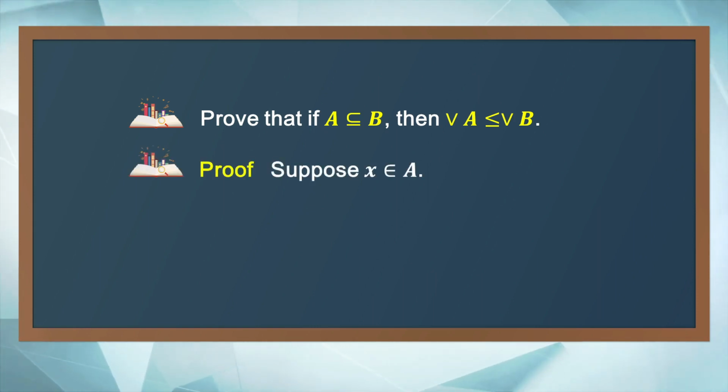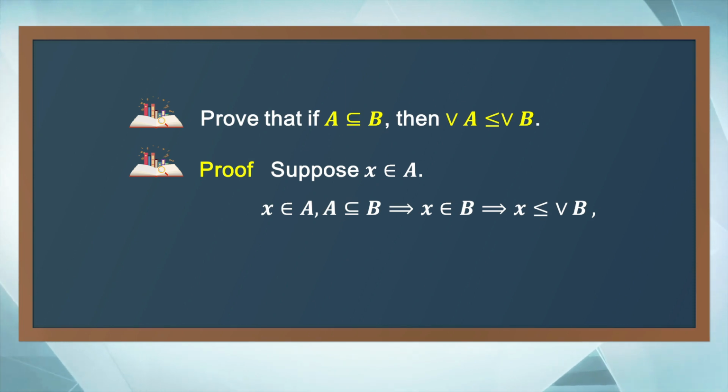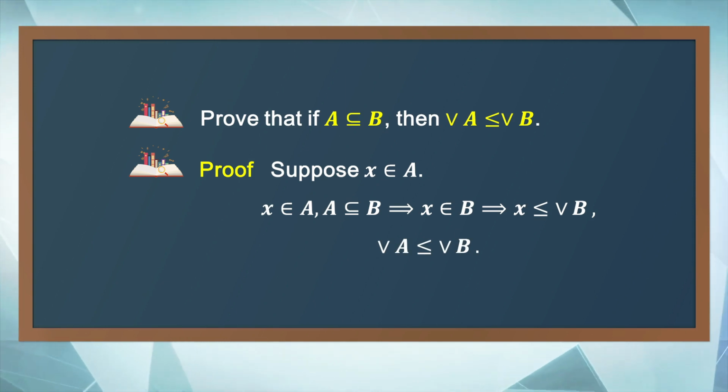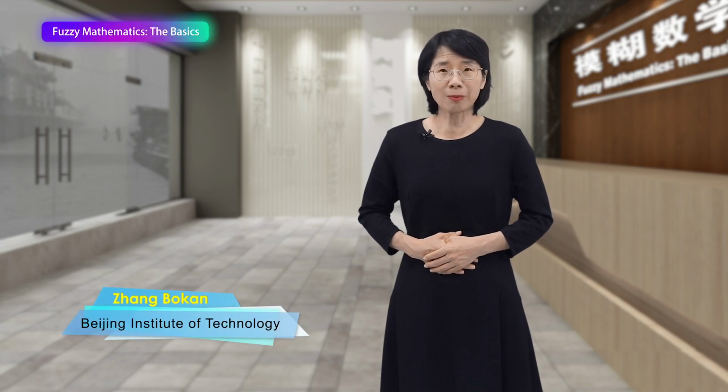Suppose X is in A. Considering that A is a subset of B, we have X is in B. Therefore, X is less than or equal to the supremum of B. Because X is an arbitrary element in A, the supremum of B is an upper bound of A. The supremum of A is the least upper bound of A. So, the supremum of A is less than or equal to the supremum of B. Similarly, we can prove the second inequality. This completes the proof.